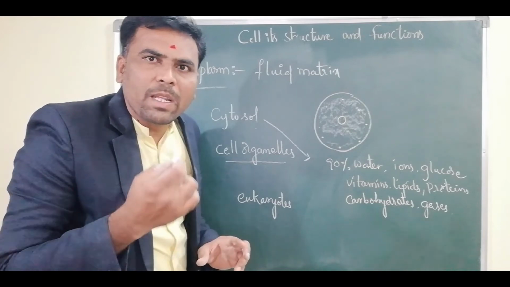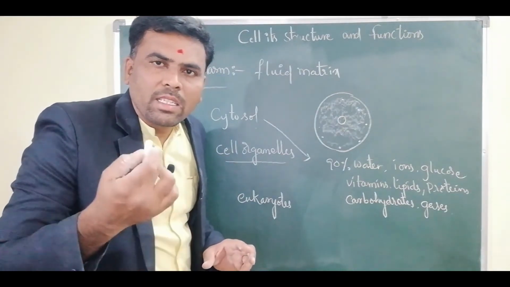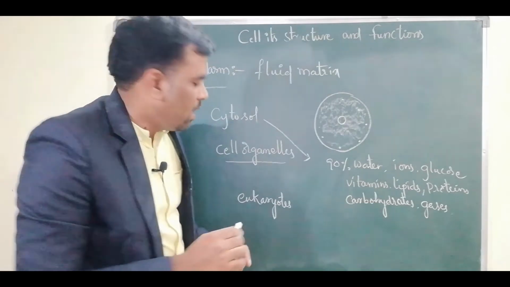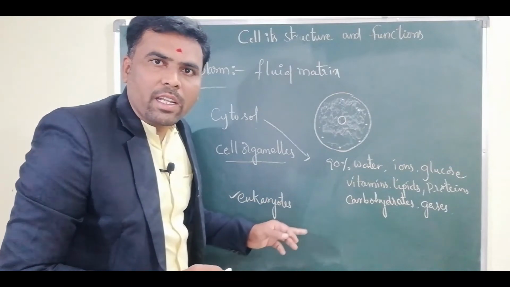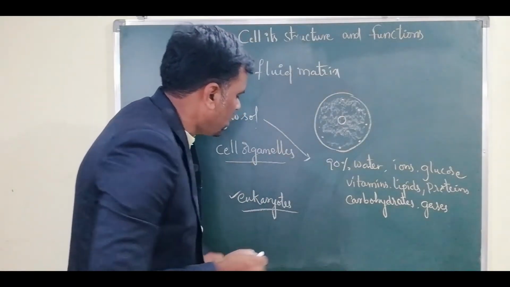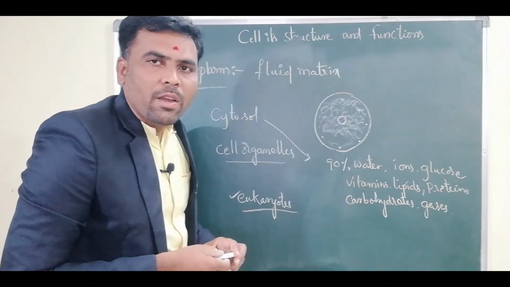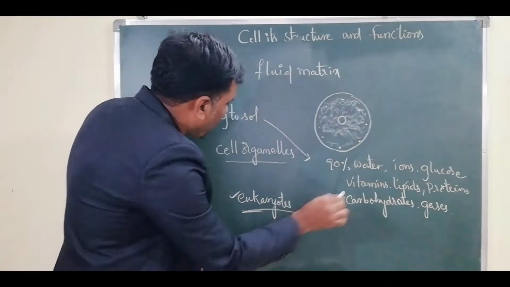The content present in the cell organelle and the content present in the cytoplasm are separate. Eukaryotes means the organisms which have a membrane-bound nucleus.